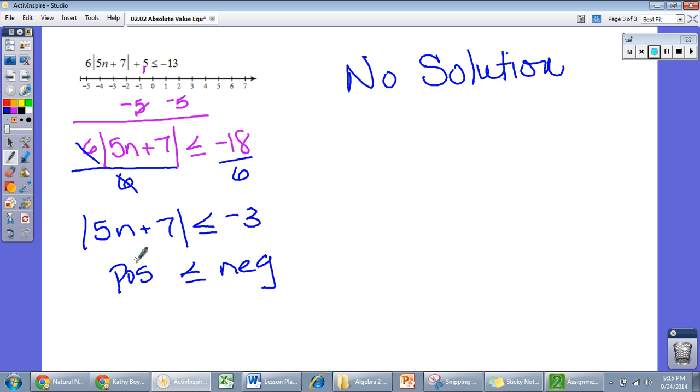If you were to continue the problem and solve it, you would get 2 values for n, and when you plugged them back into your original equation to test them, you would find out that you would get a false statement. That's because positives are never less than or equal to a negative number.